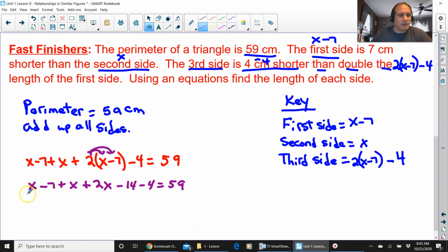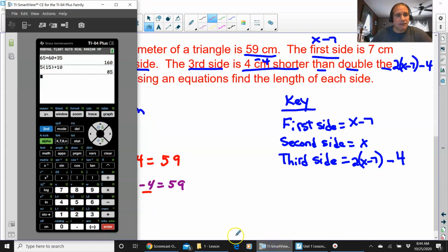We're going to combine like terms now. We are going to combine the positive x and the positive 2x. So that's 4x. Then we're going to take the negative 7, the negative 14, and the negative 4.